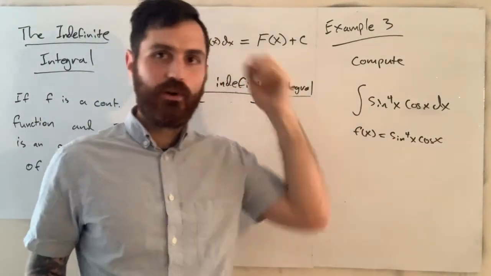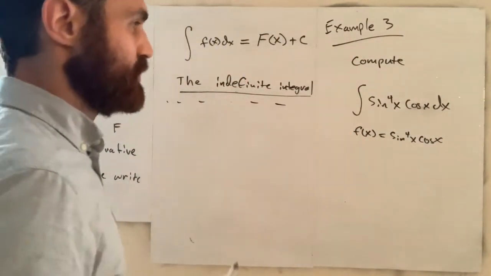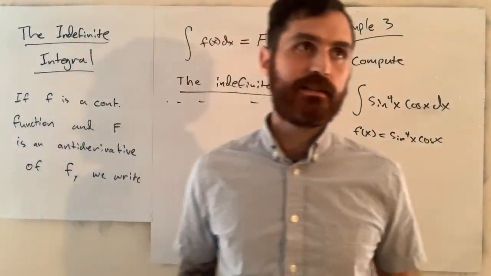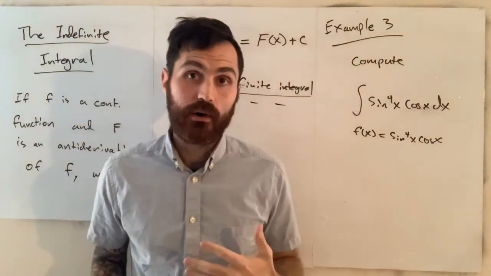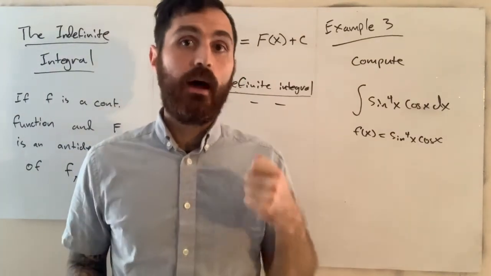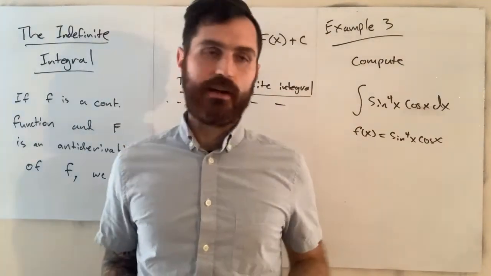This isn't one of those basic things. So what you might recall, and this gets to the point that whenever you're going backwards, whenever you're finding antiderivatives for something, it's usually a lot harder than finding derivatives. And so I want to stress that.